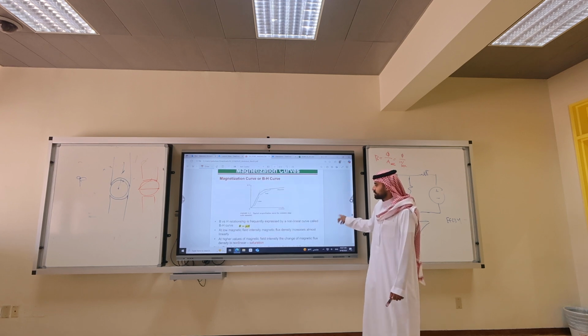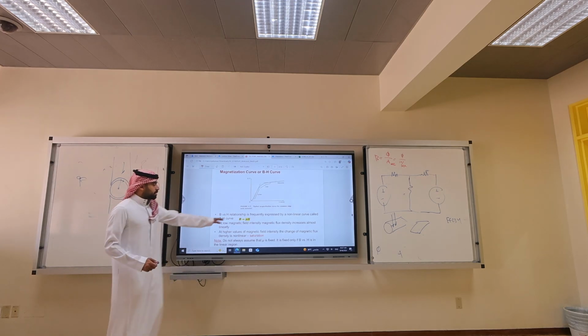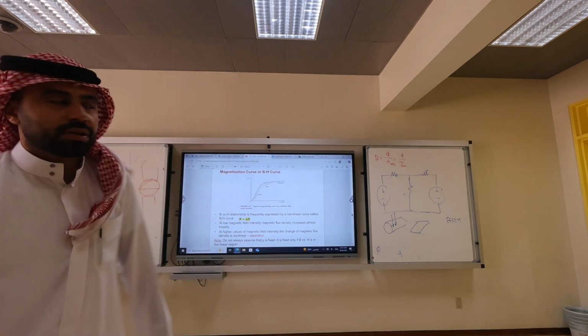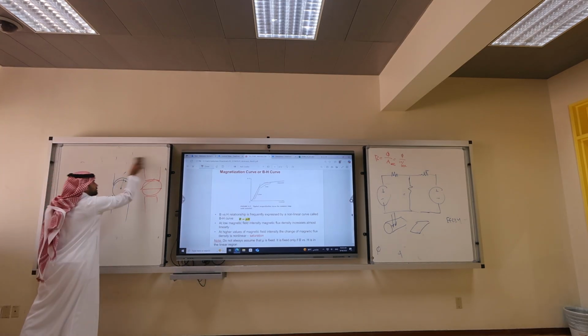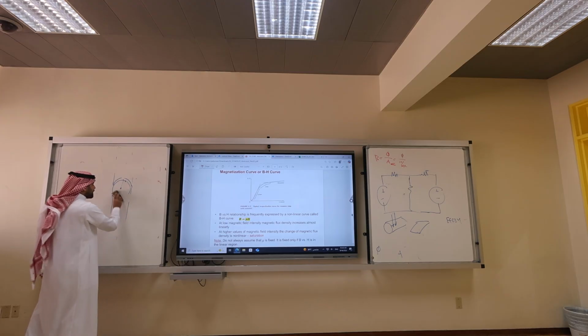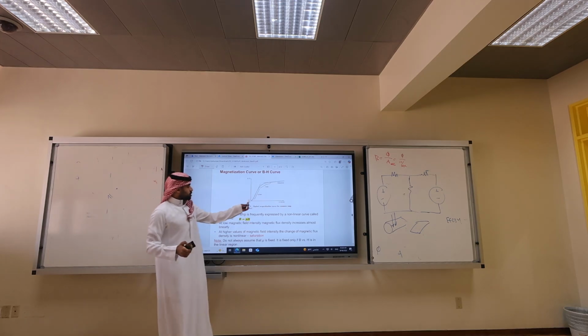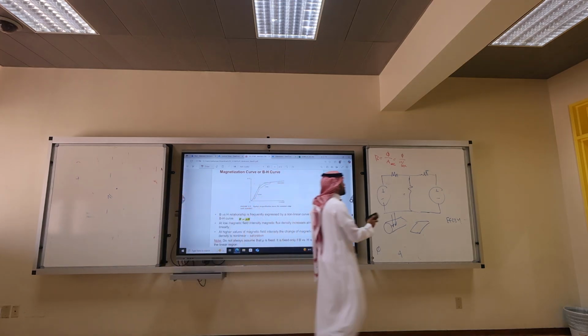After registration. Now, do you remember the equation B equals mu times H? This equation is only valid for a linear region. So if I start increasing the H, how do I increase the H? What's the formula of H?